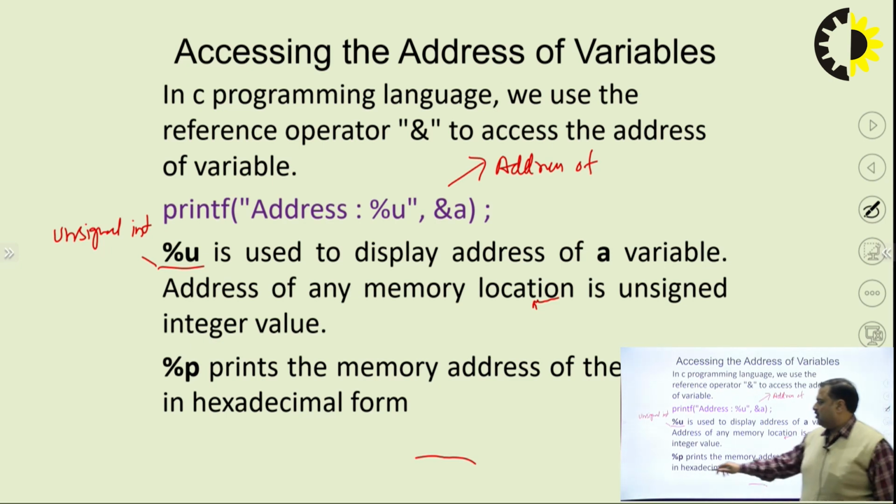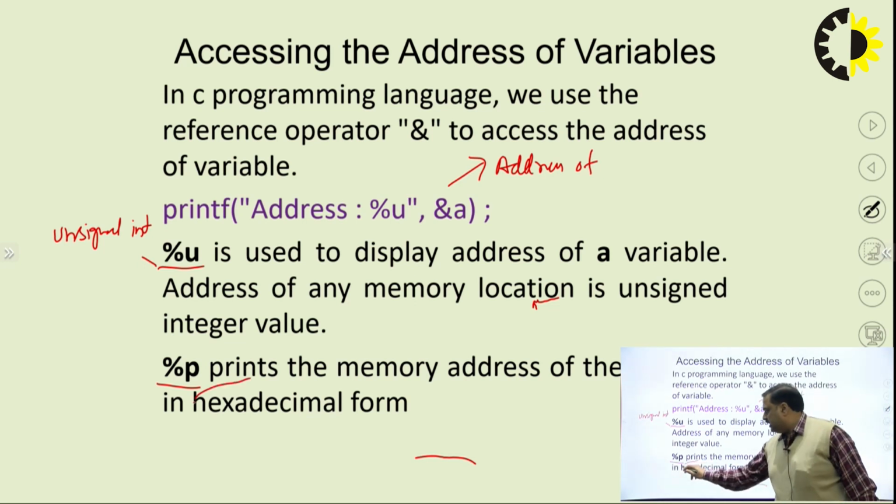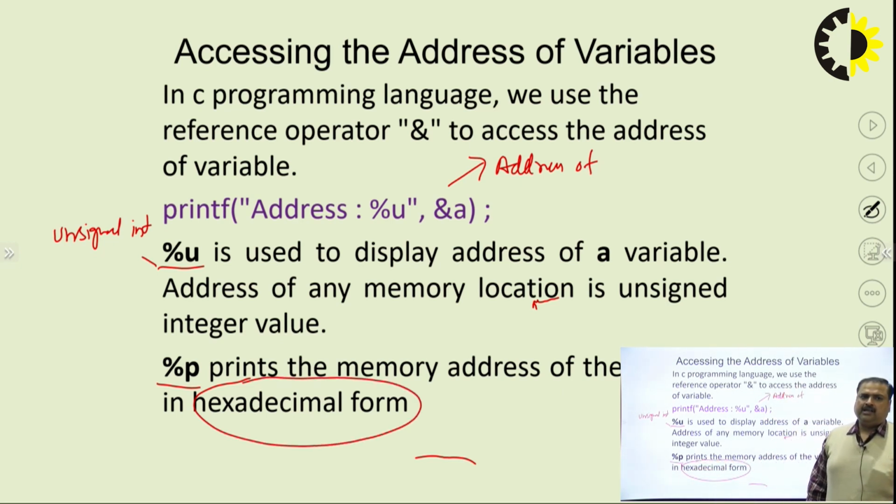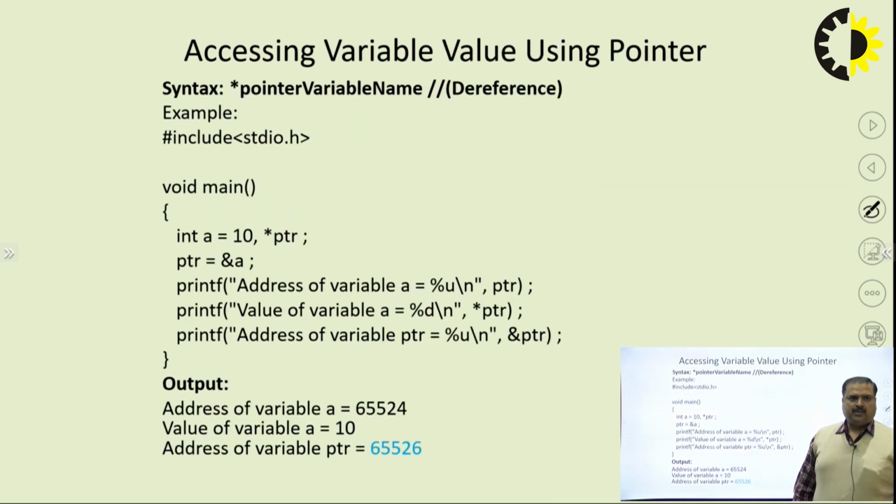We can use %u or we can use %p, which displays the memory location in hexadecimal form. So, we can display in hexadecimal format, or we can display simply as an integer using %u.